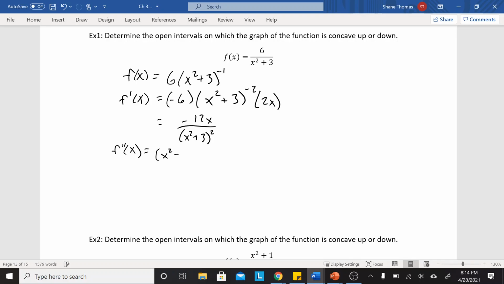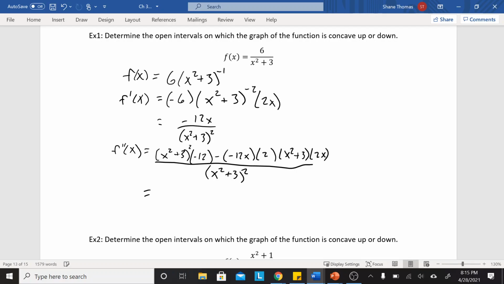So we're going to have (x squared plus 3) squared times negative 12, minus negative 12x times 2 times (x squared plus 3) times 2x, all over (x squared plus 3) quantity squared. And then that's going to be 36 times (x squared minus 1) over (x squared plus 3) cubed. I get that just by simplifying a little bit. I saved time by not showing the simplification steps here.